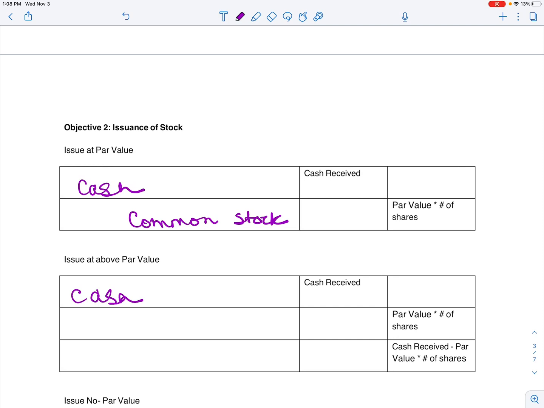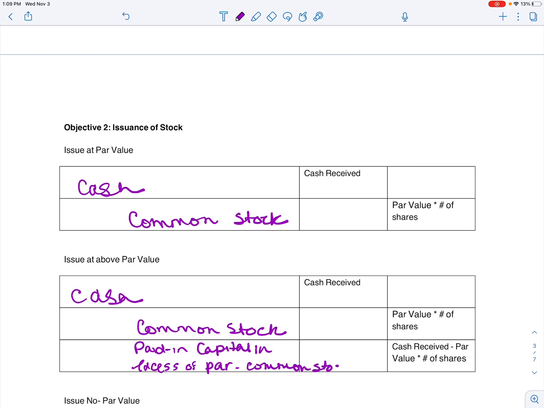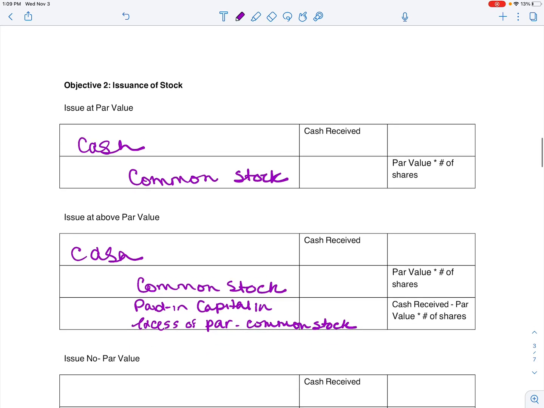The stock is still recorded at that par value. And the difference is going to what we call paid in capital in excess of par common stock. It's a long name.